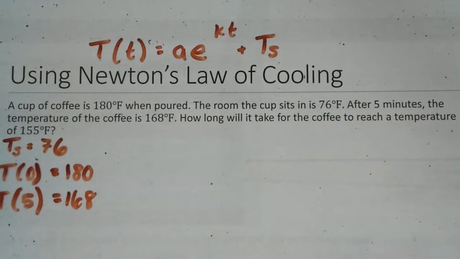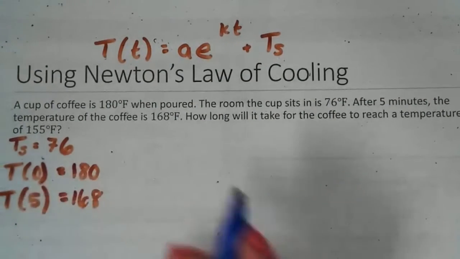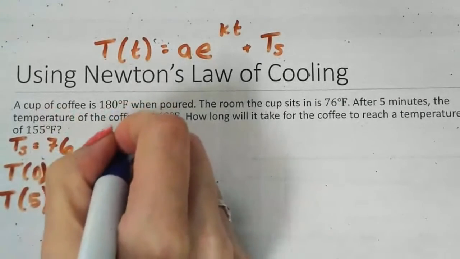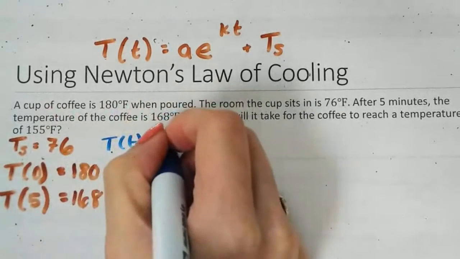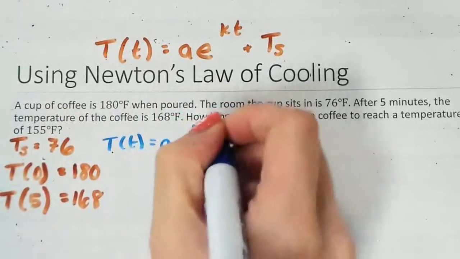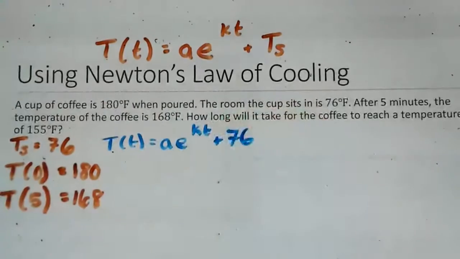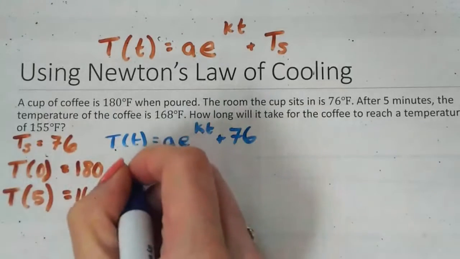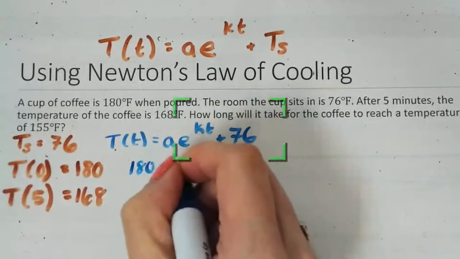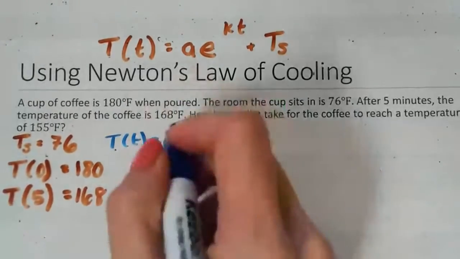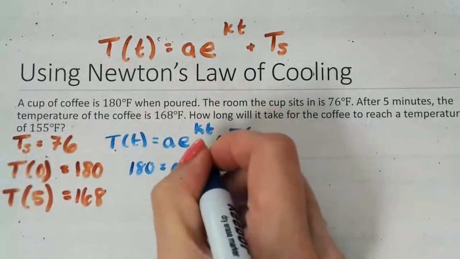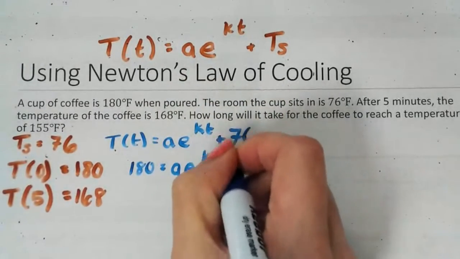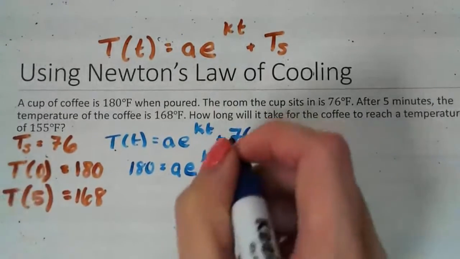Let's see if we can work with that information to get us somewhere. So let's plug in what I can. If T sub S is equal to 76, then our formula so far is T of t equals A e to the kt plus 76. At least it's a start. Let's plug in T of 0 equals 180. That'll give us 180 is equal to A e to the k times, we don't know k yet, but we do know t. t is 0 because we're plugging in 0 for t.